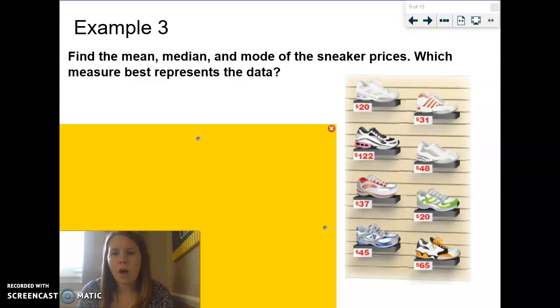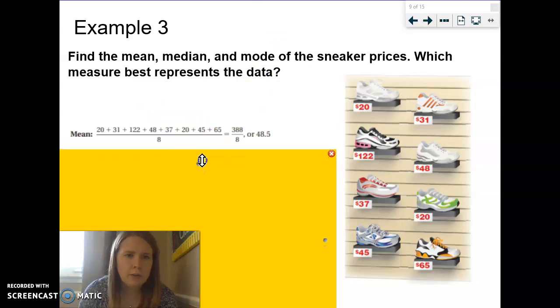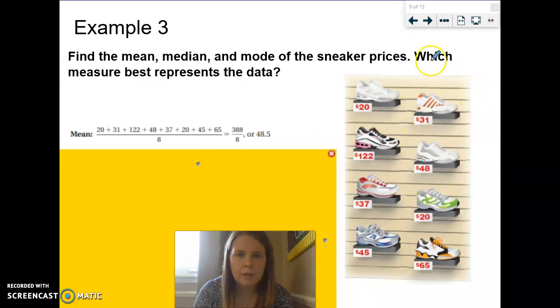So you're looking at the wall of shoes here, and you've got a couple different sneaker options. What we need to do is find these measures. The first one we're going to start with is mean. So this was in the last lesson video. Remember, you add up all these totals. So you're going to take the 20 plus the 31 plus 122 plus 48, and so on. There's a total of 8 different sneakers.